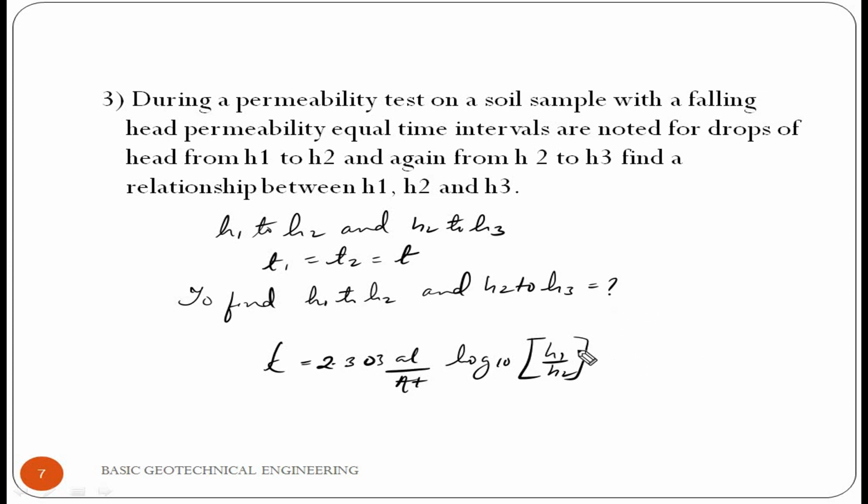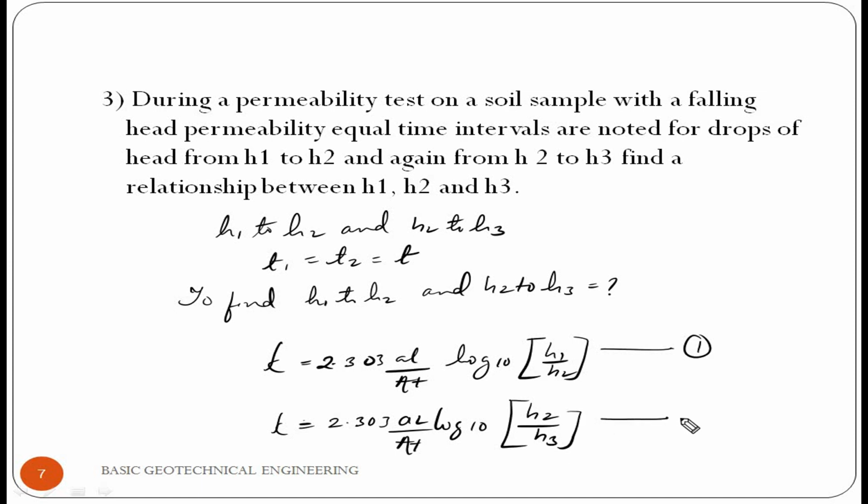So here the head loss is from H1 to H2. We will substitute here. So let us say it as equation 1. Now the head drop is from H2 to H3. So same equation, 2.303 aL divided by A t log to the base 10 H2 by H3. So here the head drop is H2 to H3. So now we will consider this as equation 2.